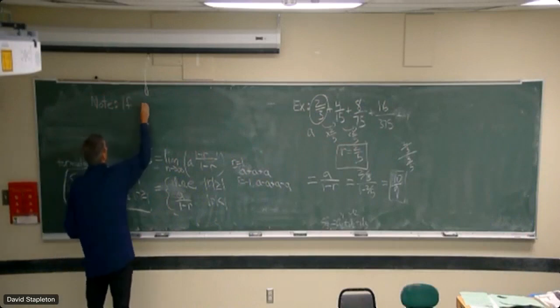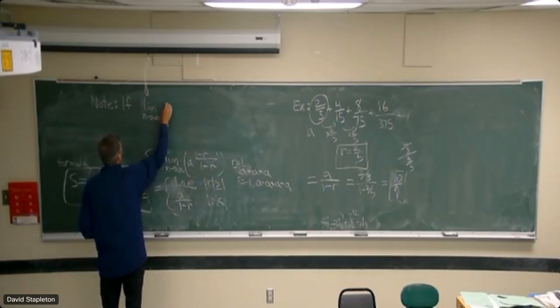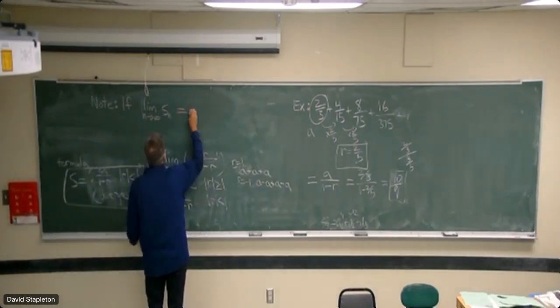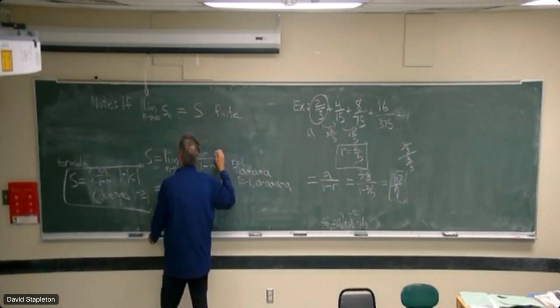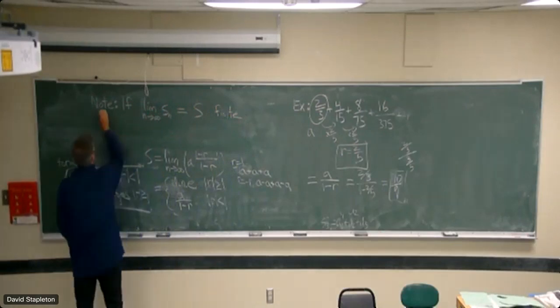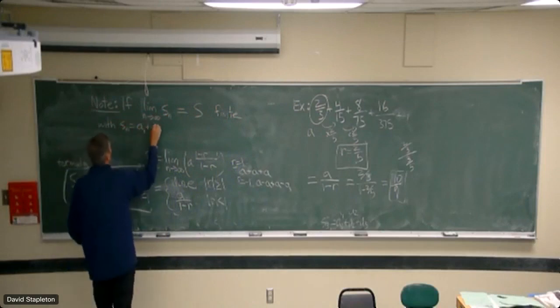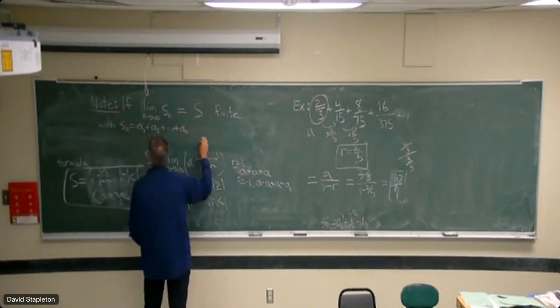If the limit as n goes to infinity of the nth partial sum of a series equals some number s, which is a finite number, this is the sum of the series, where S_n is the nth partial sum. That's how we defined it.